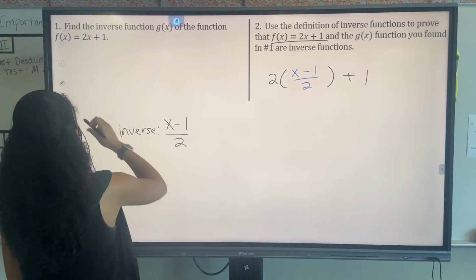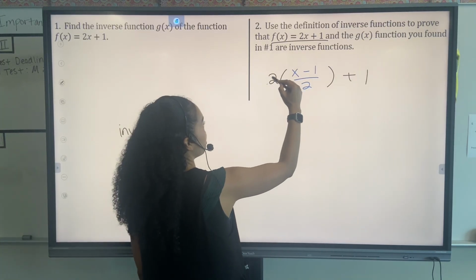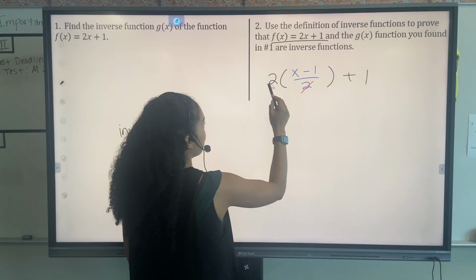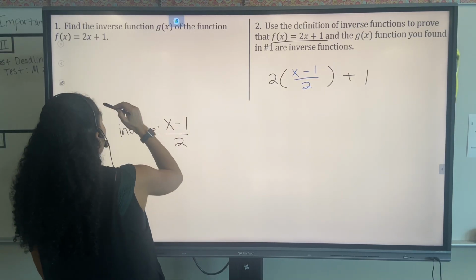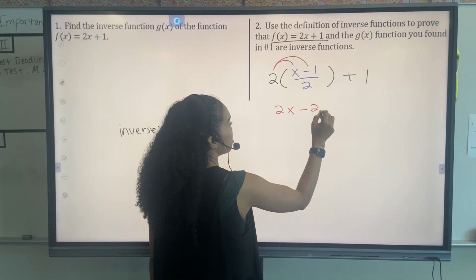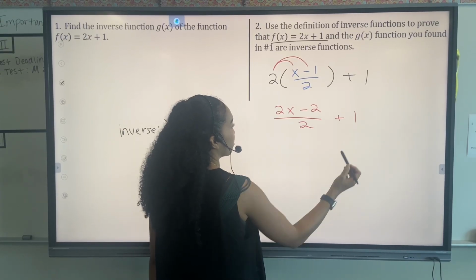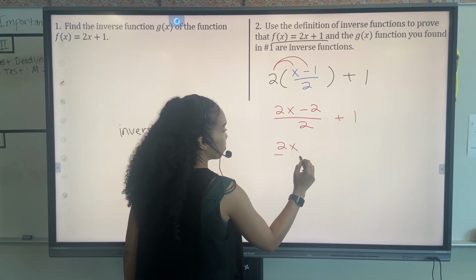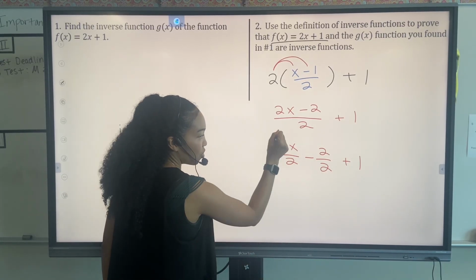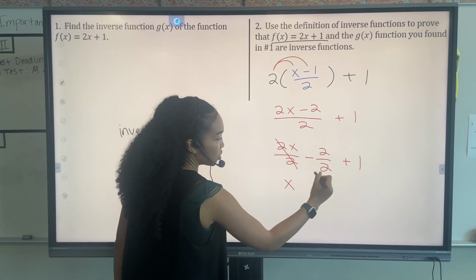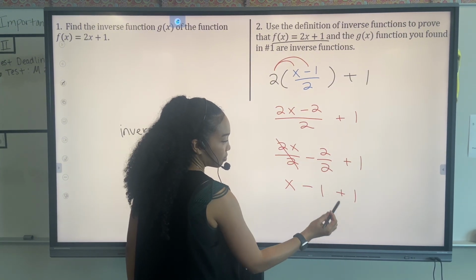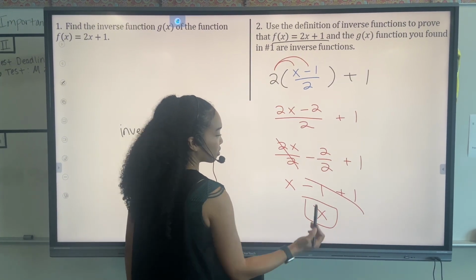Okay, now hopefully you can see that these 2's cancel out. But if you don't see that, I'll show you algebraically. So this is 2x minus 2 divided by 2. You can split this up. And this is the complicated way, guys. I do not expect you to do this. Those cancel. You're left with x. What's 2 over 2? 1. What's negative 1 plus 1? 0. So it's just x.